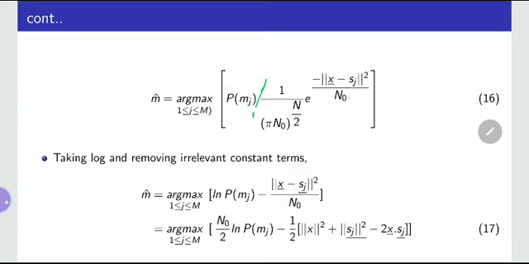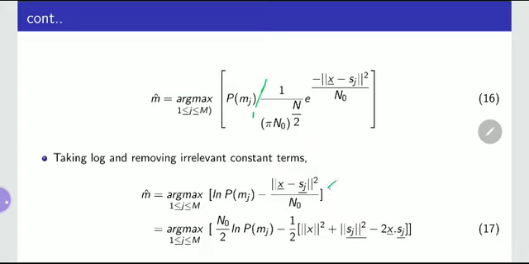So this is ln P of mj. The log of the exponential is the exponent itself, and this is a constant. That is irrelevant. When maximizing, this constant doesn't have any significance, so that is removed.